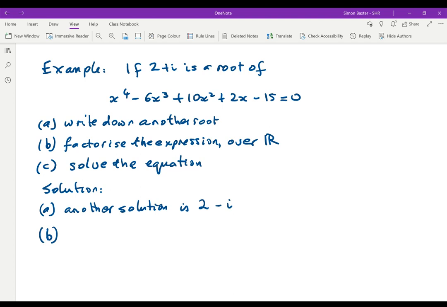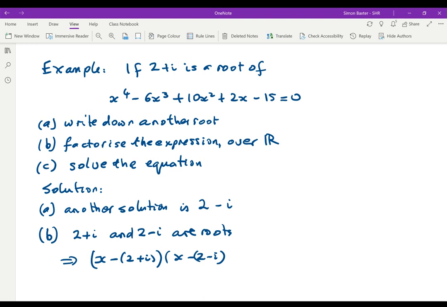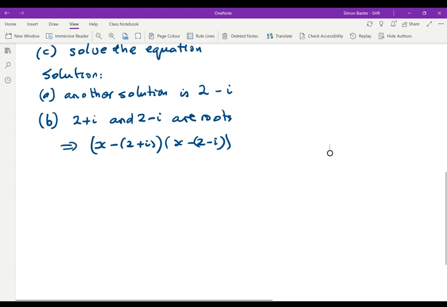So we know that 2 plus i and 2 minus i are roots. Therefore, x minus 2 plus i is a factor, and x minus 2 minus i is a factor. Well, let's multiply that out.